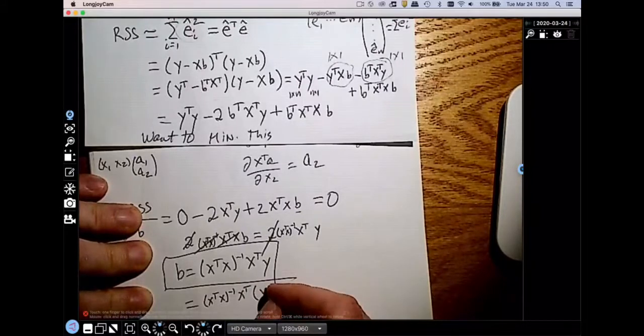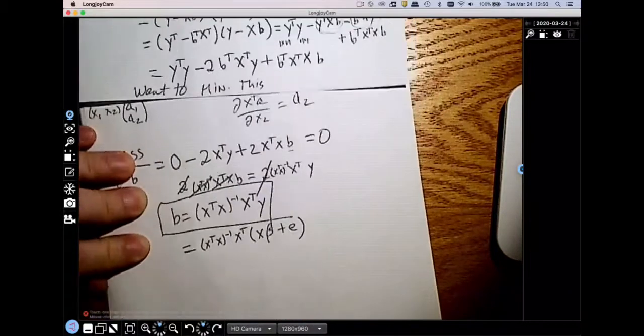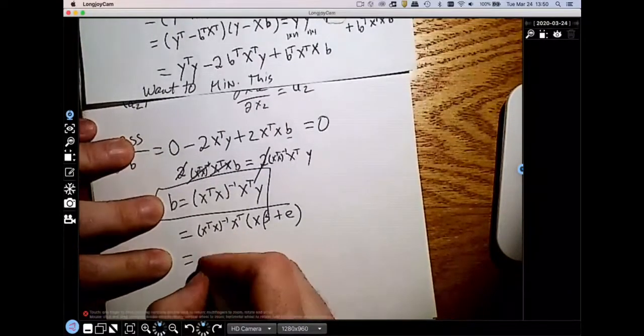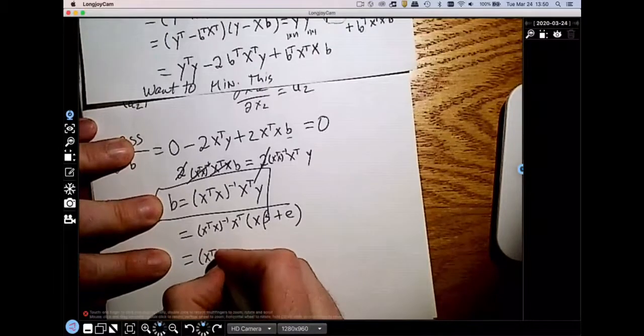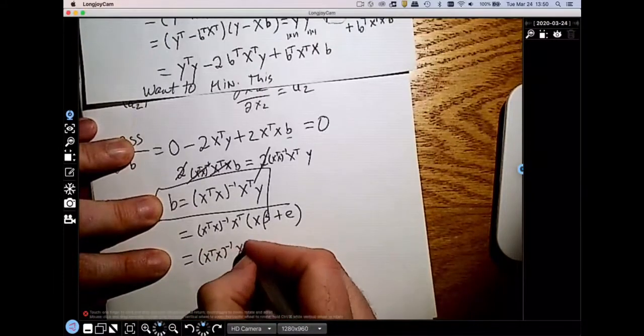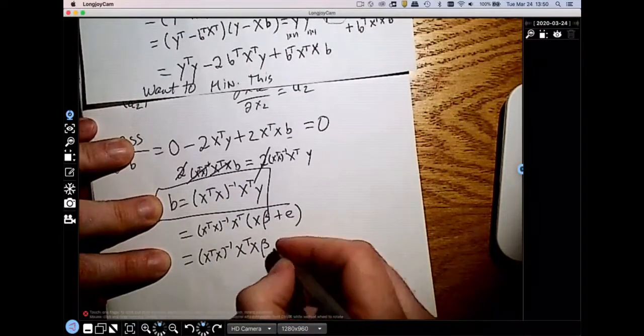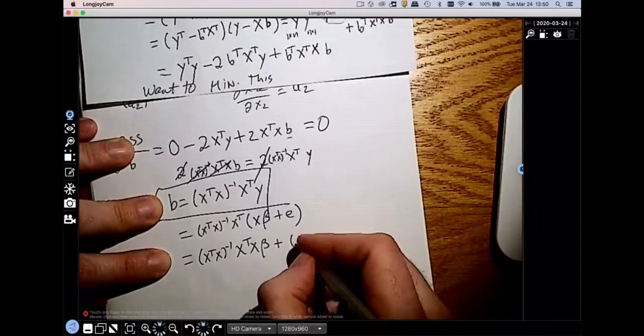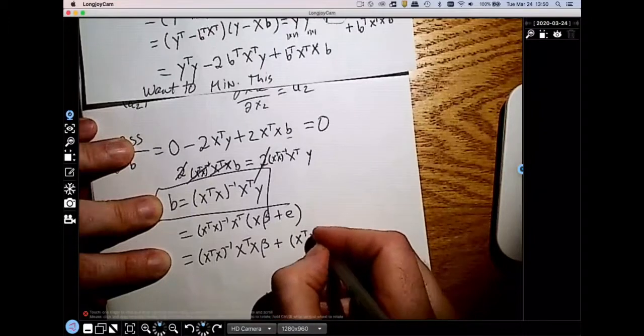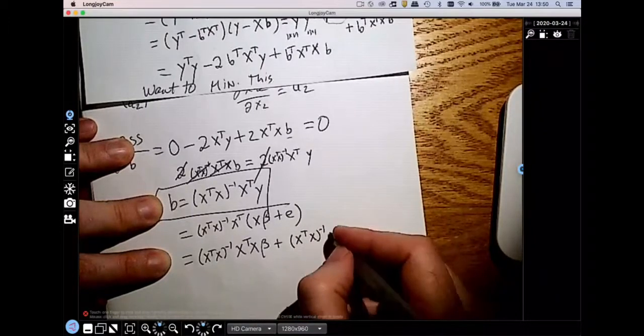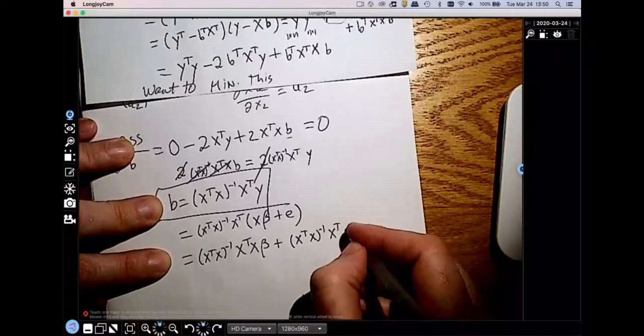Well, y is x times beta plus some errors. So I'm going to multiply this out. X transpose x inverse, x transpose x times beta, plus another big mess, so x transpose x inverse, x transpose times e.